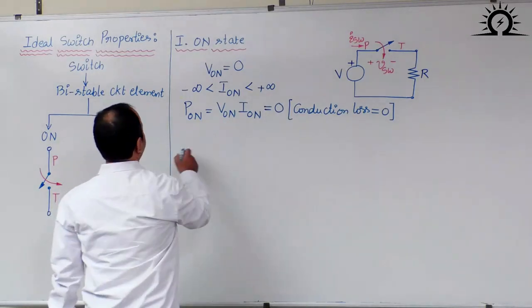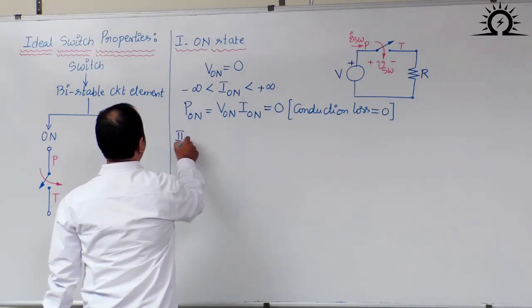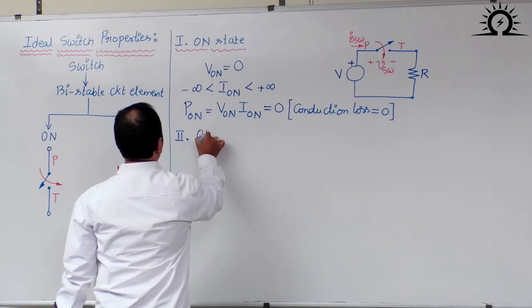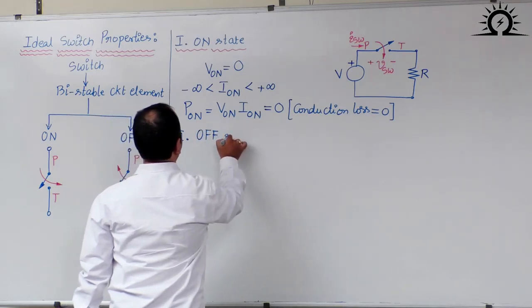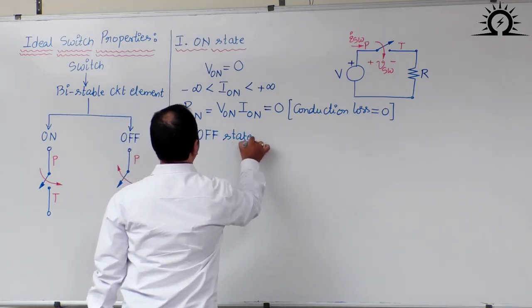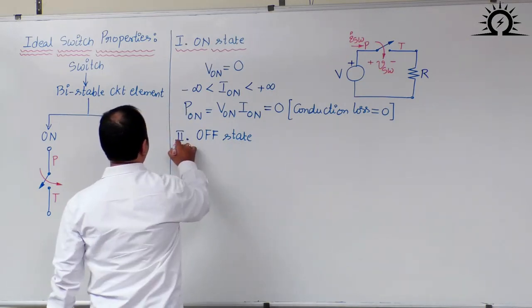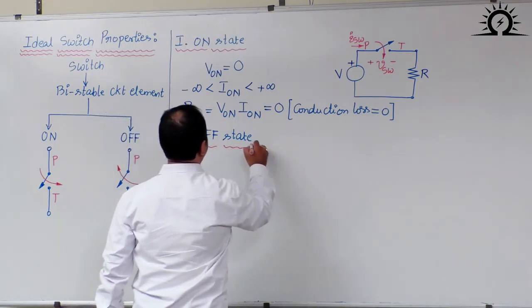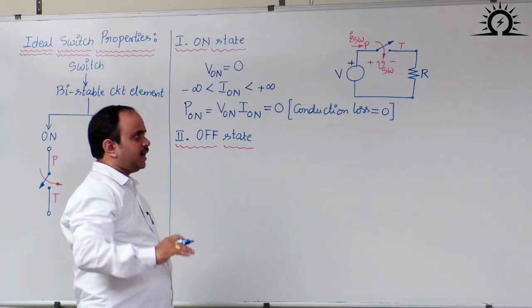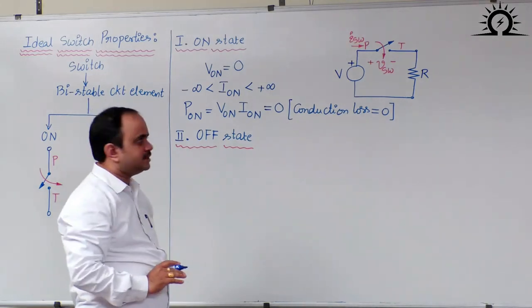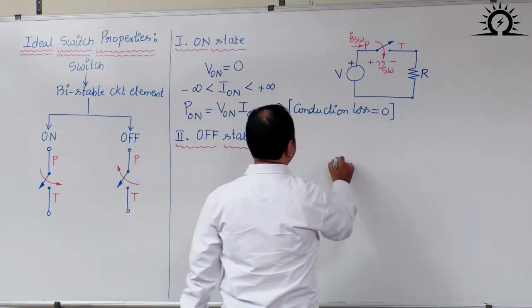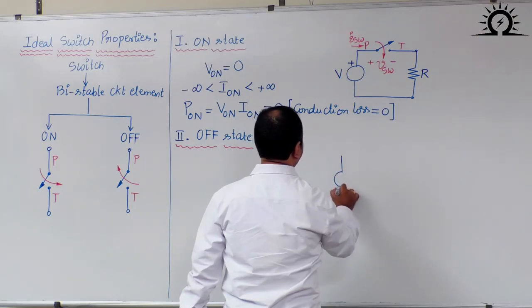In a similar line, let us look into off state property. Again, I can take the same circuit as an example.